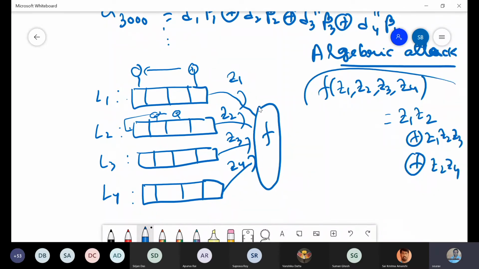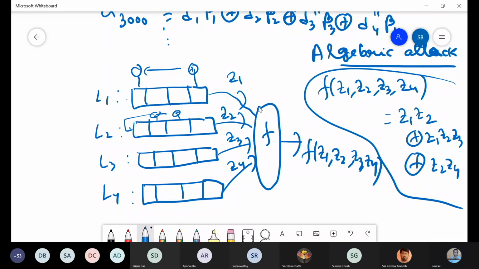Any such nonlinear combination. I'll explain that. Then f of z1, z2, z3, z4 gives 1 bit. This is our key stream.